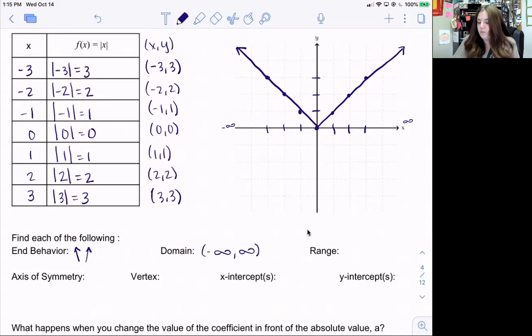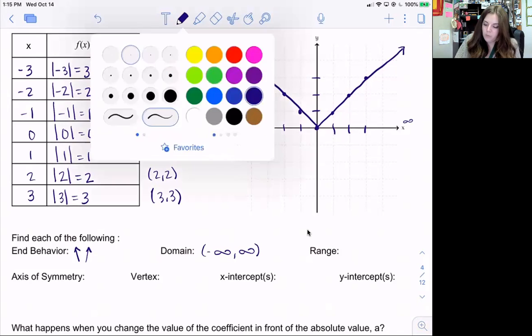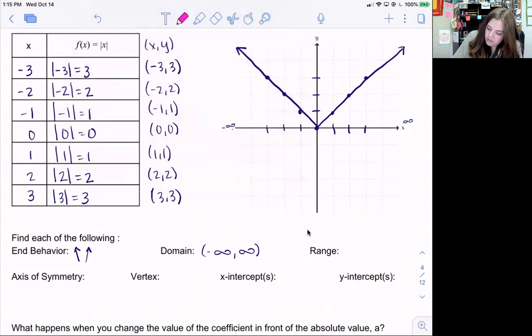For our range, we need to figure out our bottommost y value. Our bottommost y value is the line y equals 0. And then we have arrows, which means we're going to continue going up to +infinity. So our range is from 0 to infinity.